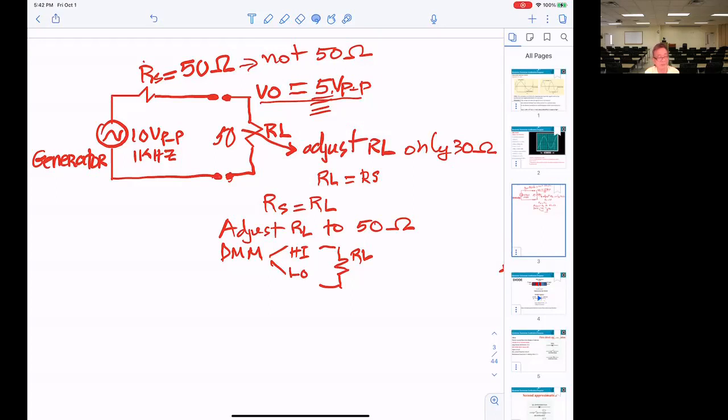Okay. The thing is, answer is 50 ohm. What happened? They believe RS has to be 50 ohm, but it's not. They already burned out and replaced it with another resistor. Maybe the value is not really correct. Is that because of DCs being hooked up into the circuit and frying the generator?